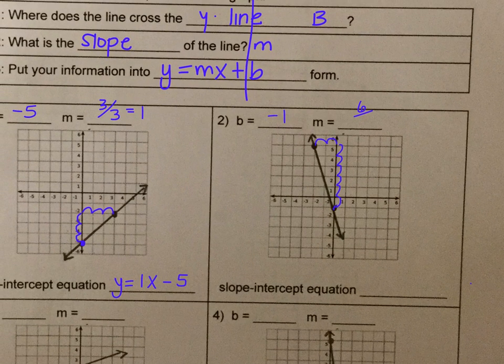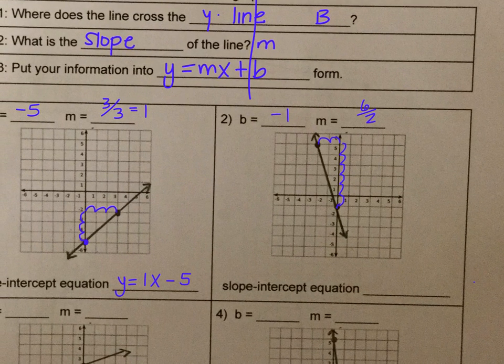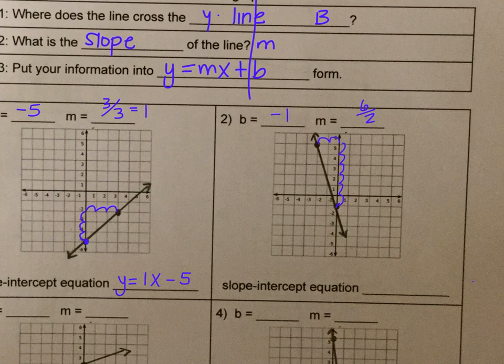Run 2. And we know it's a negative. So our equation, you could reduce this to -3, or I would take it if you wrote -6/2. Y equals -3x, and then it's a -1, so -1.